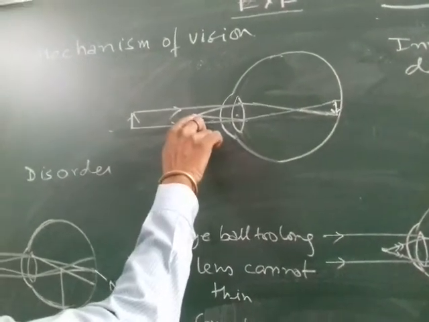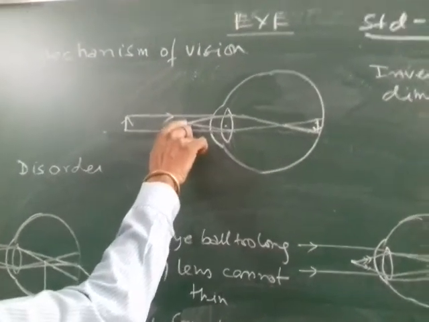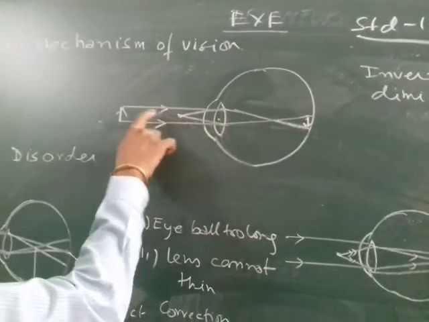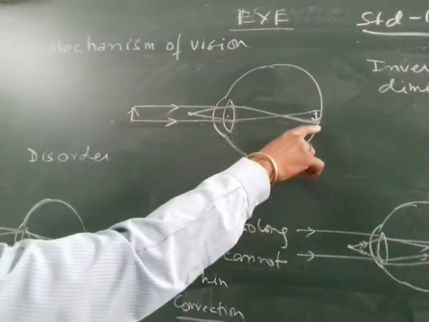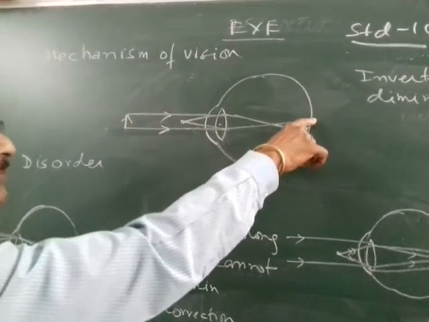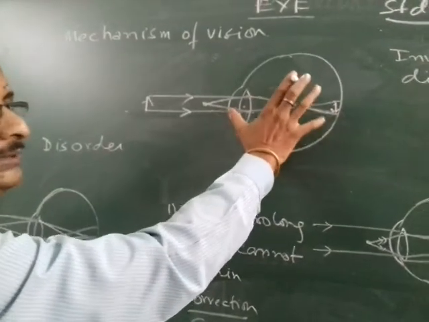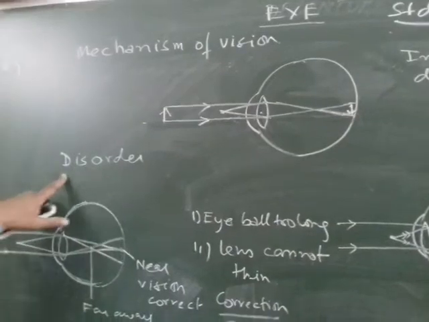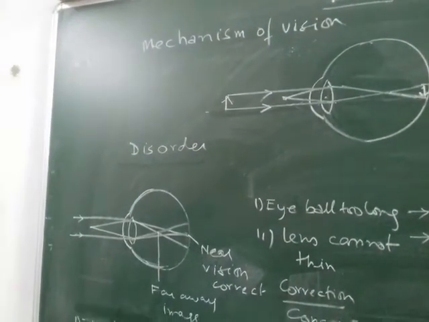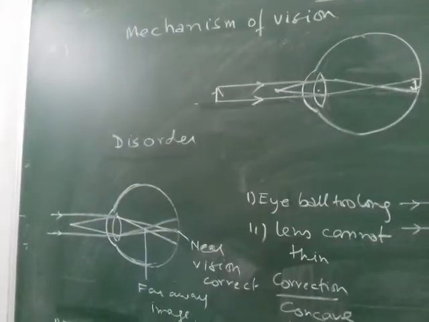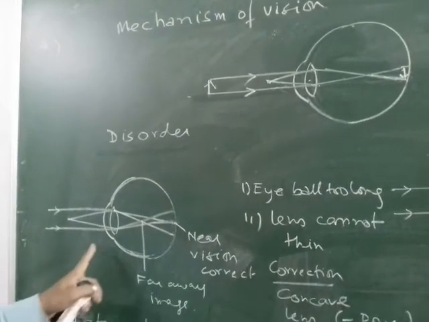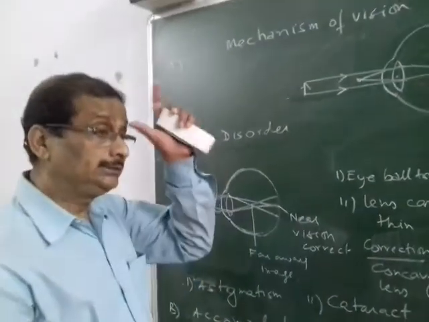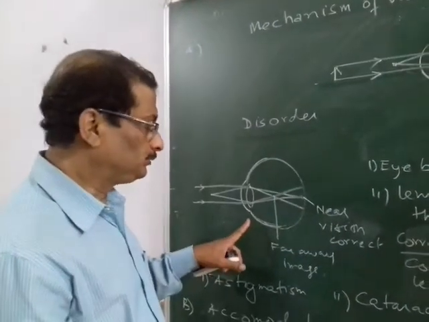So generally, from the near point as well as the far point, the object is focused correctly on the retina, and that is how we view. Now there are certain disorders of the eye. The first disorder that we are going to study is myopia. Myopia is short-sightedness.